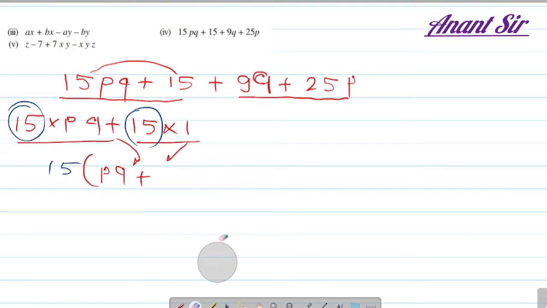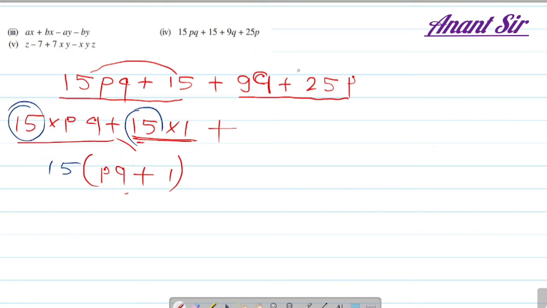Now what students make a mistake is they take 15 common and they give the bracket as it is, pq. Nothing is left in the second term. They don't write that plus 1. They forget that if it was 15, then it was 15 times of 1. So 1 remains here. You have to write that plus 1.